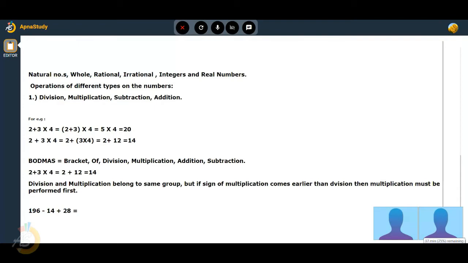So now we have come across two symbols, subtraction and addition. Going through BODMAS rule, you would say that addition must be performed before subtraction. But like division and multiplication, addition and subtraction also belong to the same group.